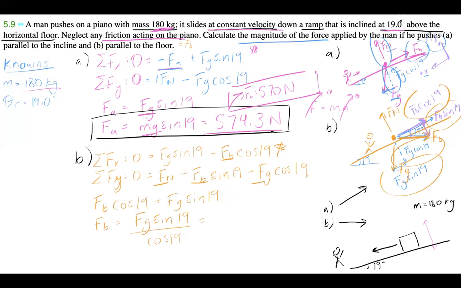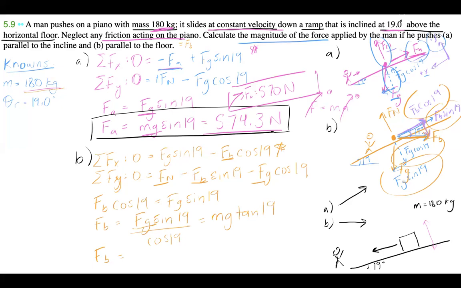And FG is MG, so MG tan 19. And from here, I'm going to plug these values into my calculator. So we know that M is 180, like we said over here, and then G is 9.8. So 180 times 9.8 times tan 19.